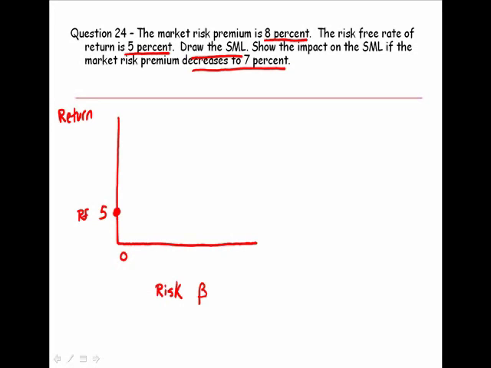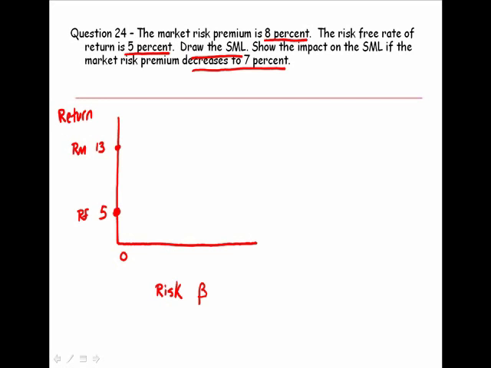We also know that the market risk premium is 8%. That is, investors want 8% on top of the risk-free rate before they will invest in the market. So if we start at 5 and we go up 8%, that's going to take us up here to 13%, which must be our market return. Investors require 13% to invest in the market, which gives us a market risk premium of 8%.